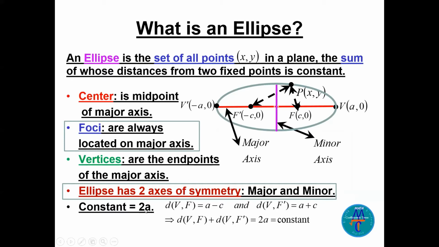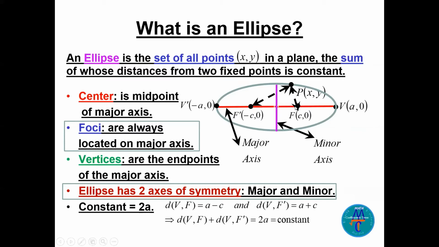That's the constant 2A. So for any point on the ellipse, the sum of the distances from this point to each one of the foci is constant. The foci are always located on the major axis.